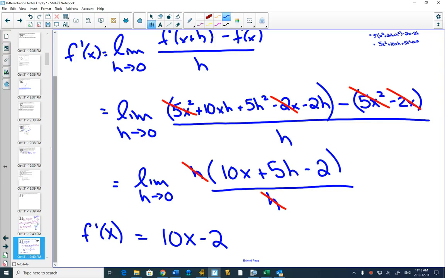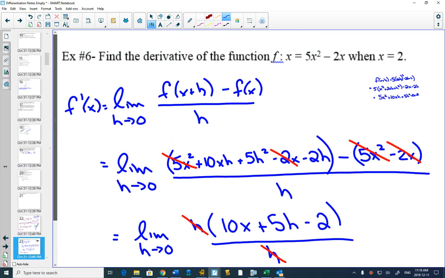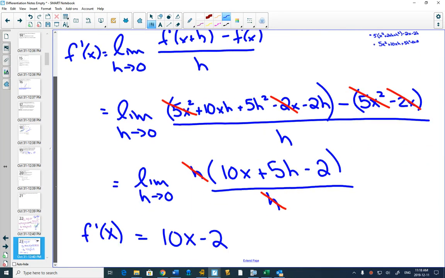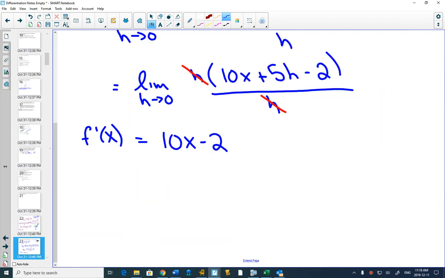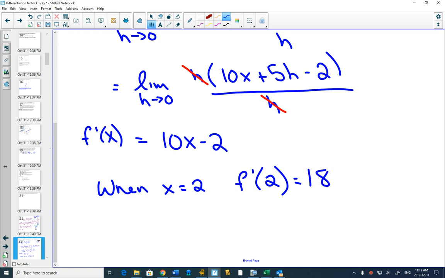So what does that mean? What did we find? We found a formula for every single tangent. What did the question ask us? Find the derivative of the function when x equals 2. So we can say when x equals 2, f prime of 2 is equal to 18.